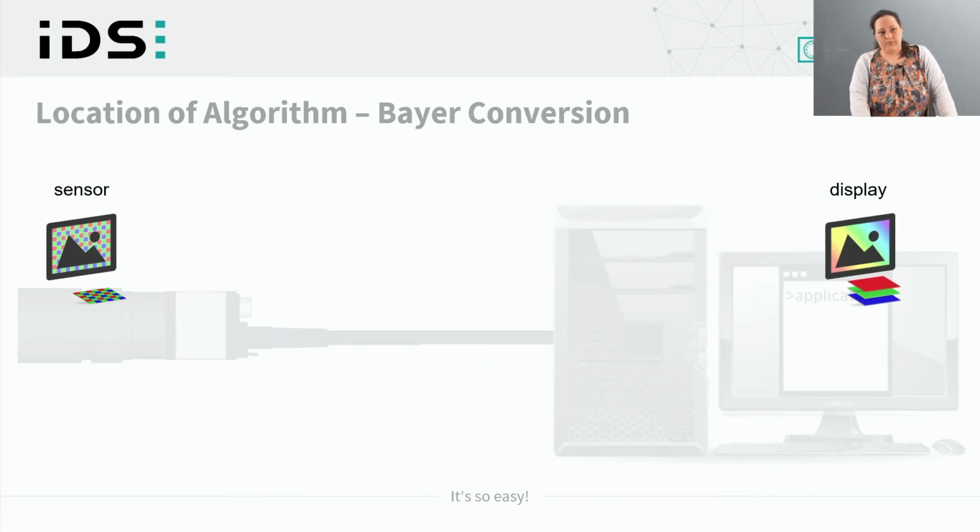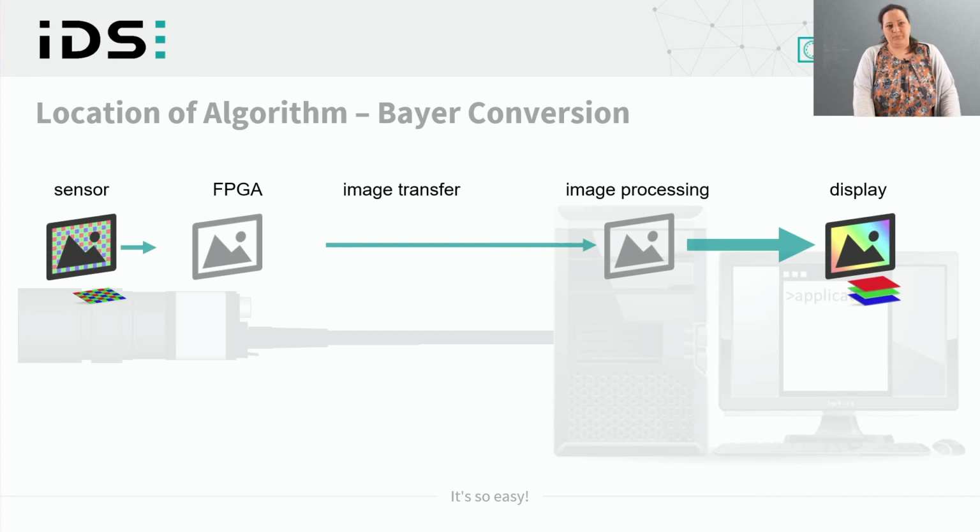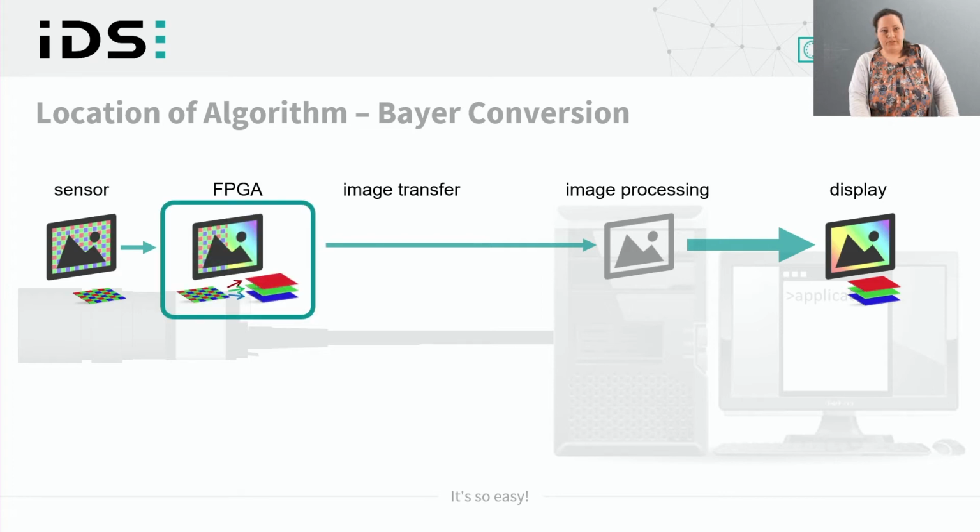If we have a look at the processing pipeline, the raw image from the sensor goes through FPGA, is transferred into the image processing part on the host PC, and then the post-processing, for example, the display. First possibility is that we do the debayering in the FPGA.